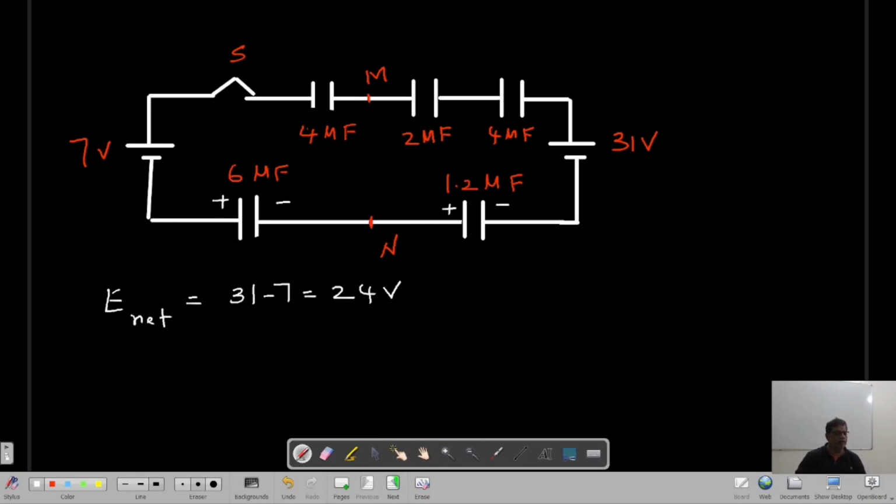Now let us look at the capacitors. Once you replace these two cells with a single cell of EMF 24 volt, you can see that all the 5 capacitors are now in series. So we don't have to check which are in series and which are in parallel, because you have replaced the 7 volt and 31 volt with a single cell of EMF 24 volt.